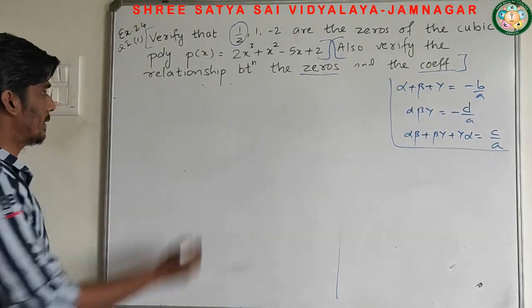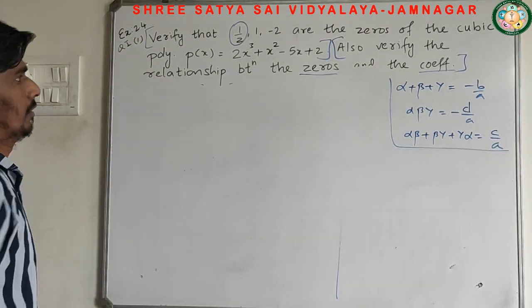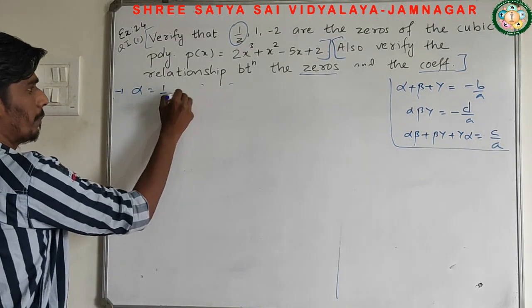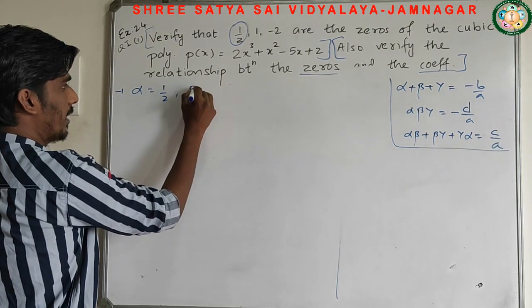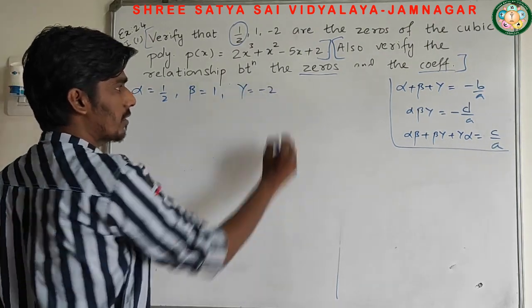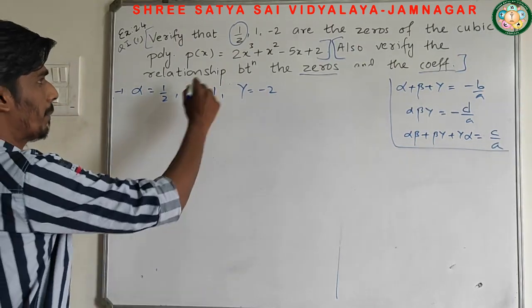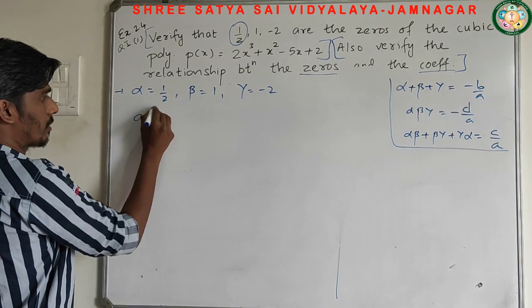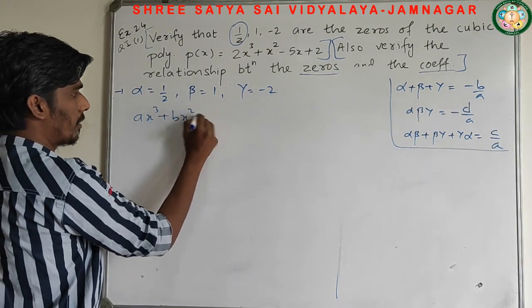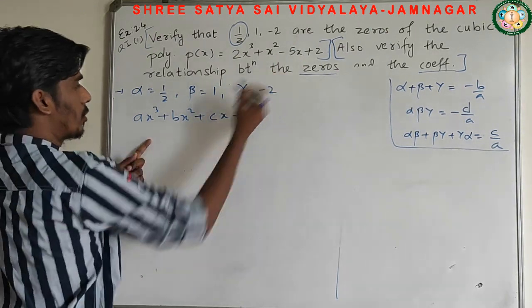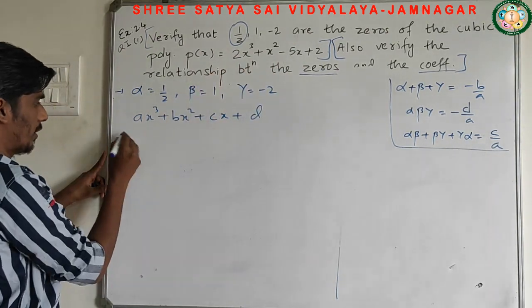Let's start with the first one. For the polynomial, here alpha is what? 1 by 2, beta is what? 1, and gamma is what? Minus 2. If I compare this polynomial with ax cube plus bx square plus cx plus d, instead of a, what is it here?